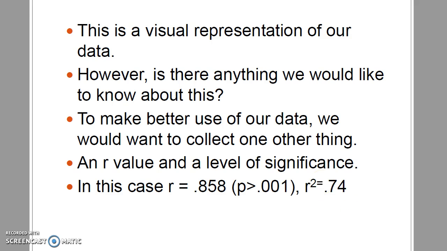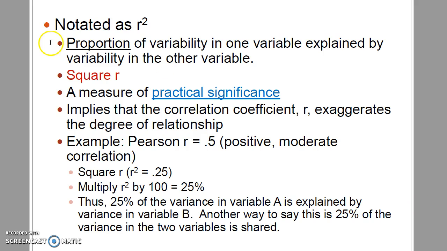R square is called the proportion of variability. When I square the correlation coefficient, it exaggerates the relationships, and it helps you provide a better way of stating your results.